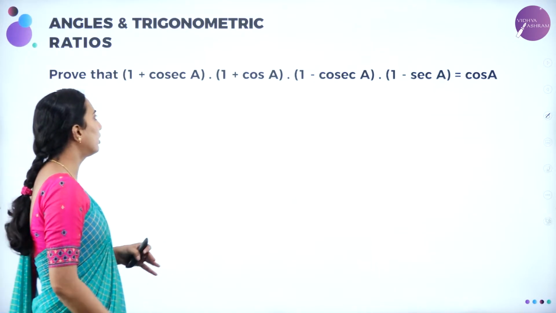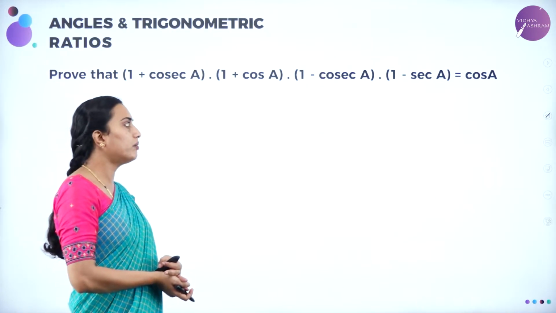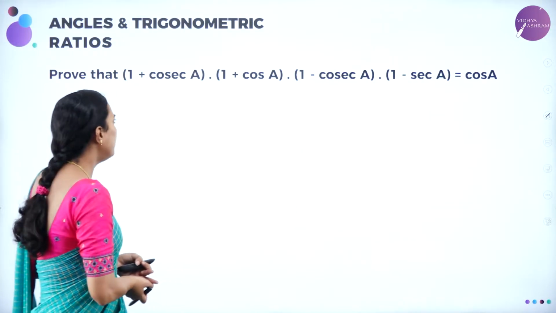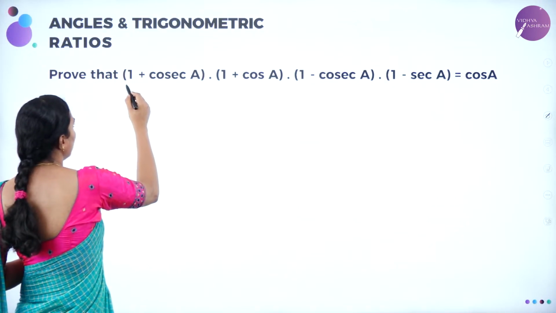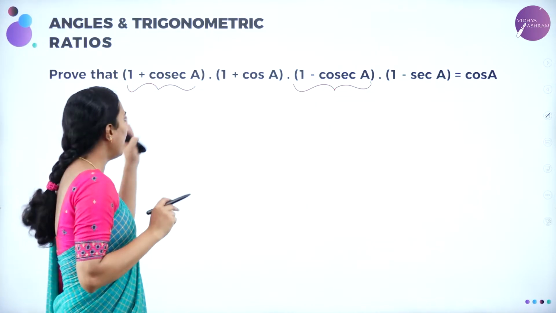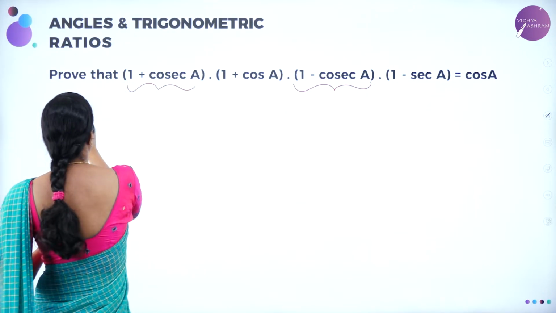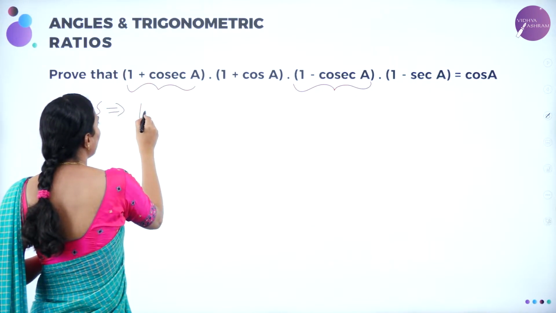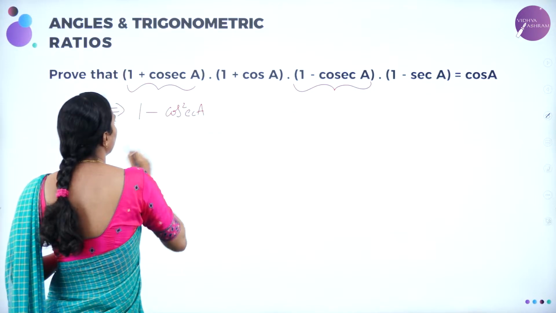They've asked, prove that 1 plus cosecant A into 1 plus cos A into 1 minus cosecant A into 1 minus secant A is equal to cos A. Let me take here the LCM as like this. 1 plus cosecant A, see, rearrange the term. 1 plus cosecant A into 1 minus cosecant A is nothing but A plus B into A minus B is A squared minus B squared, which will be taking the left hand side and rearranging the term as 1 squared is 1 only, minus A squared is cosecant squared A. Correct?